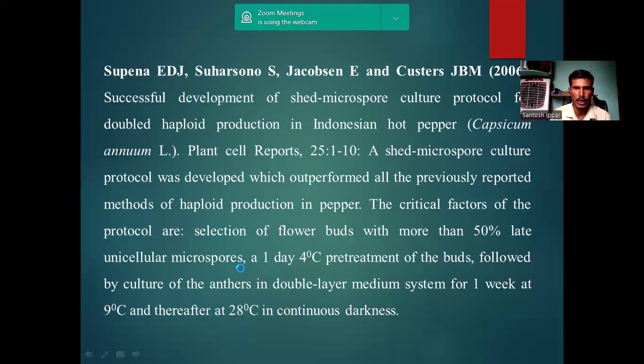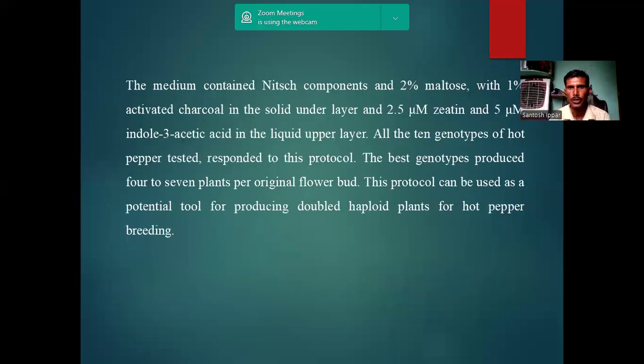So they isolated anthers, then inoculated them after sterilization in petri plates containing double layer medium, and incubated them in different conditions: before inoculation, 1 day at 4 degrees Celsius, and after inoculation, 1 week at 9 degrees Celsius, and the remaining period of incubation at 28 degrees Celsius in continuous dark.